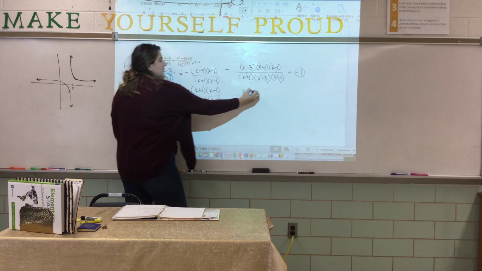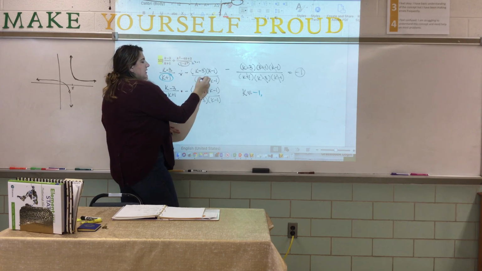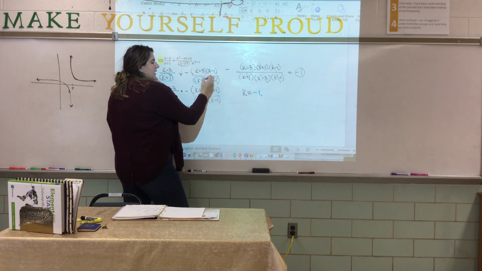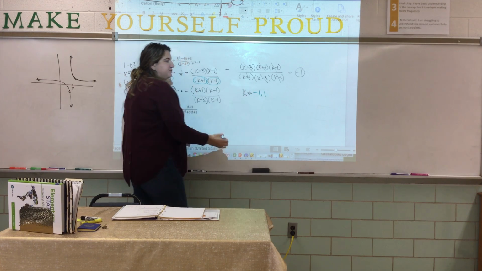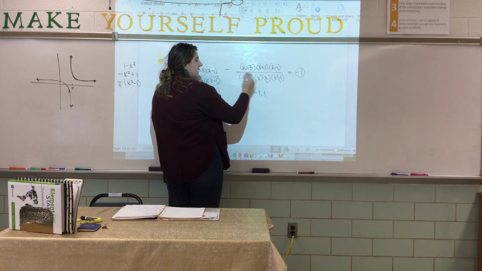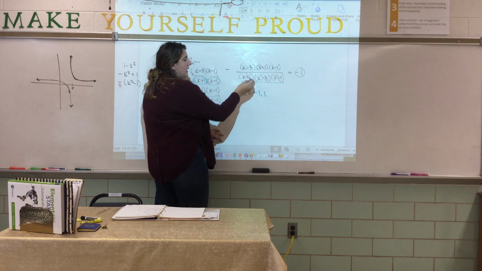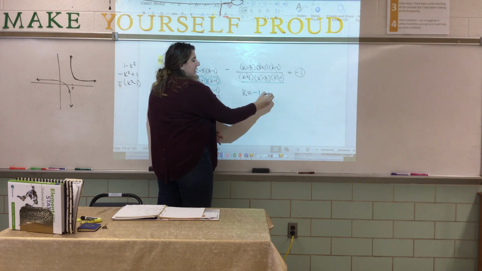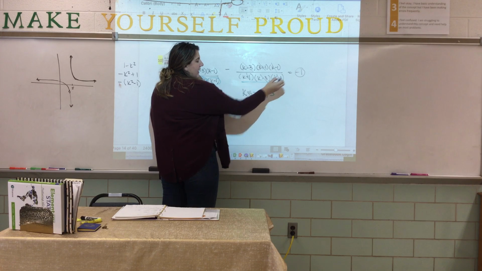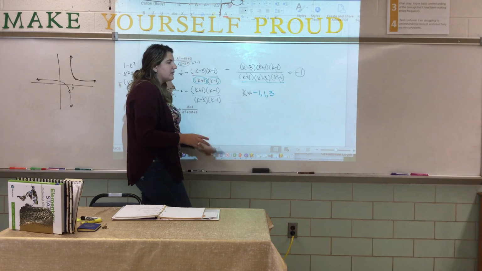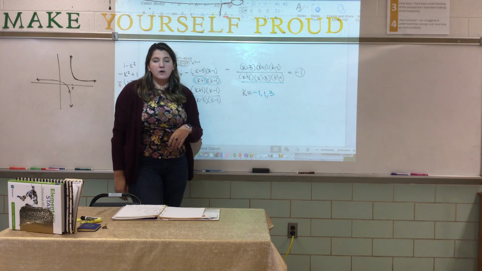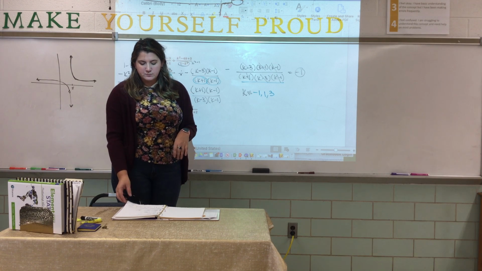So k can't equal negative 1 then. This would be another negative 1, and this would be a positive 1. And then we want to do it in the last step as well. So checking here, I already listed negative 1. I need to list my 3, and then I already listed my 1. So there's 3 values which k can't be for this specific problem.